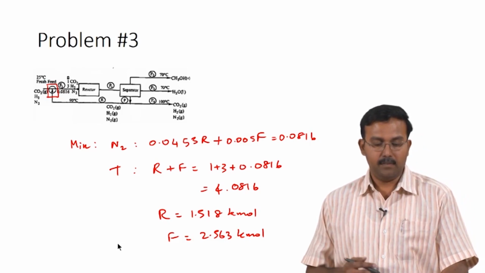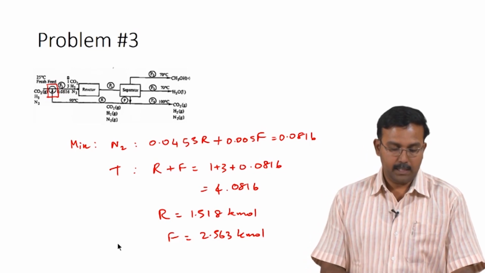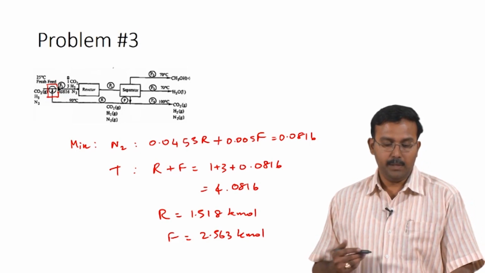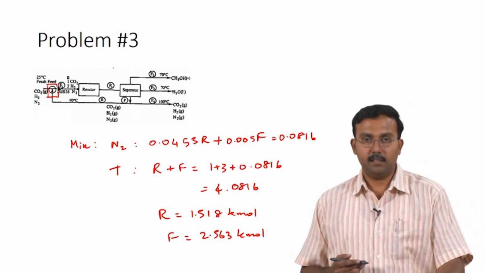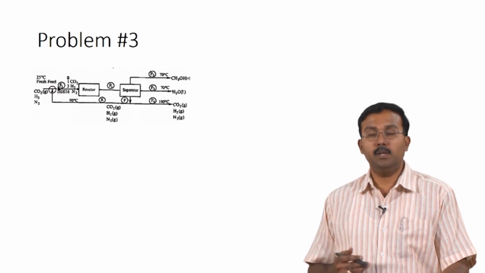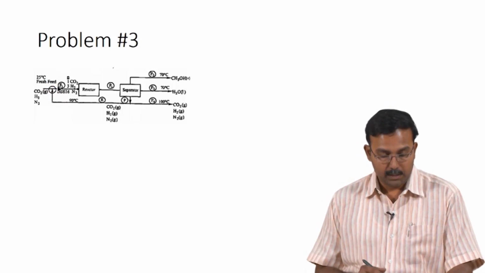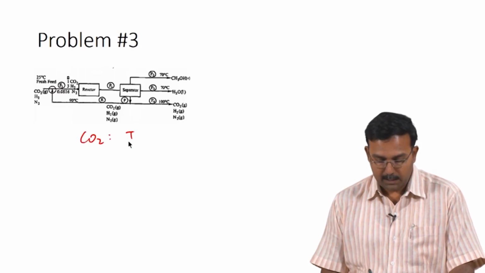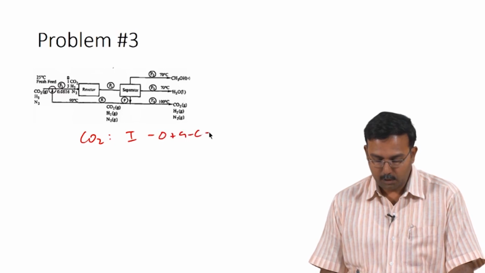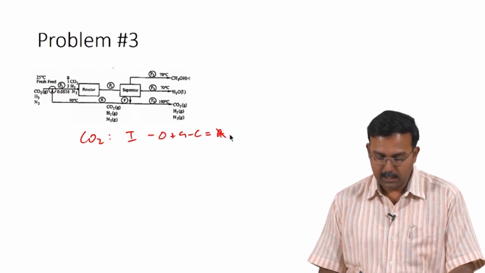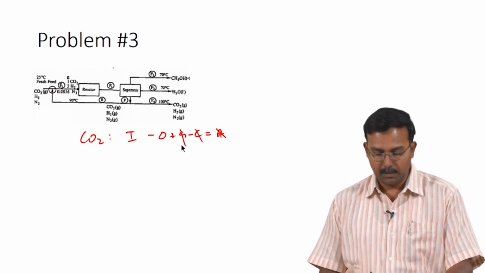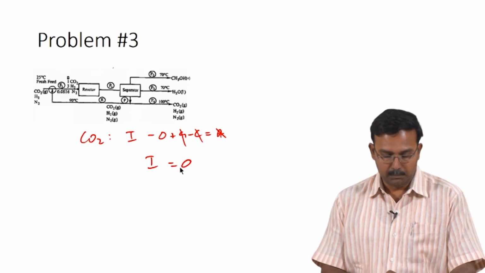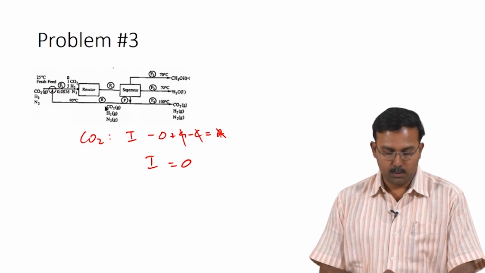However, we still do not have the information on how much carbon dioxide, hydrogen and nitrogen are actually entering through the fresh feed. So, how would we get that? That we can get by writing individual component balances for the mixing point. Let us now write the carbon dioxide balance for the mixing point. It would be input minus output plus generation minus consumption equals accumulation. So, no accumulation at steady state, no generation or consumption, it is a non-reactive system. So, input equals output. Your input actually has two terms, one through the fresh feed, the other through the recycle feed.